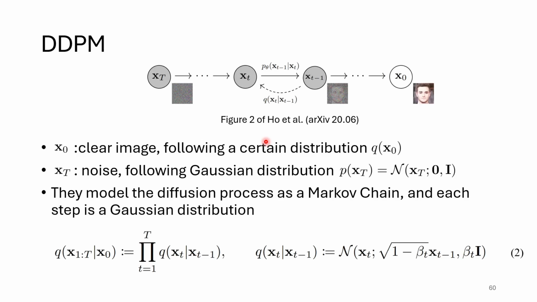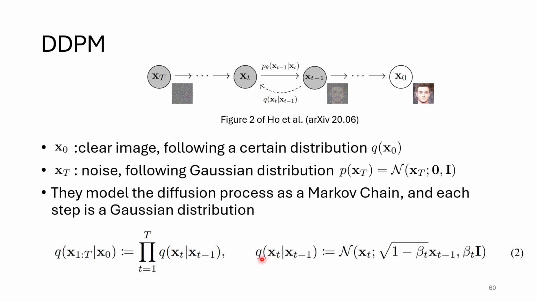So let's take a look at the DDPM definition. From a clear image, there is a forward process, which means adding noise, and adding more noise. But how to add the noise? They model it as a Gaussian distribution. So XT is the more noisy image, and XT minus 1 is the slightly clearer image.